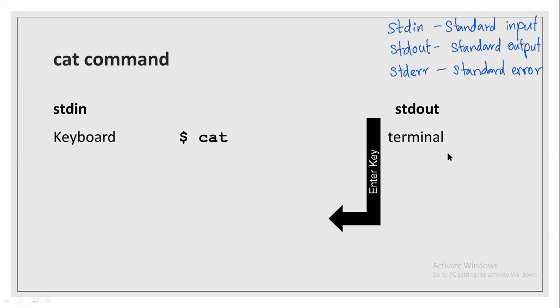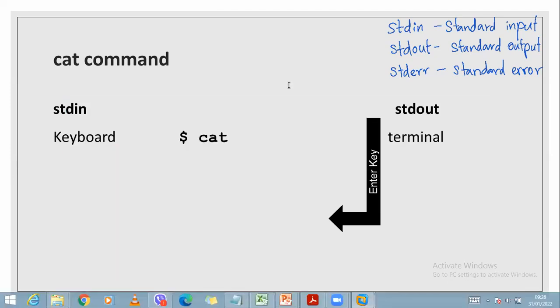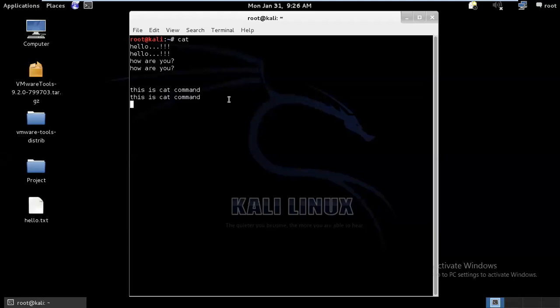If you want, you can change the standard output. Now, what we did was very easy because we didn't use any other options like reading from files or writing these things into a file. We used the basic option, that is a keyboard and terminal, right? Default option. So default standard input and output devices.